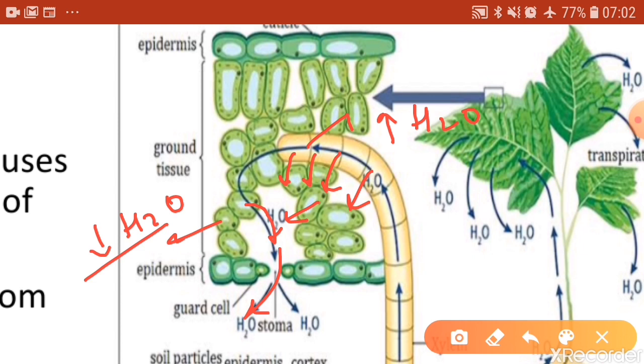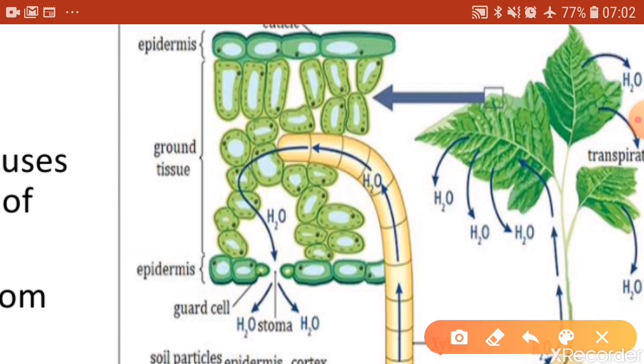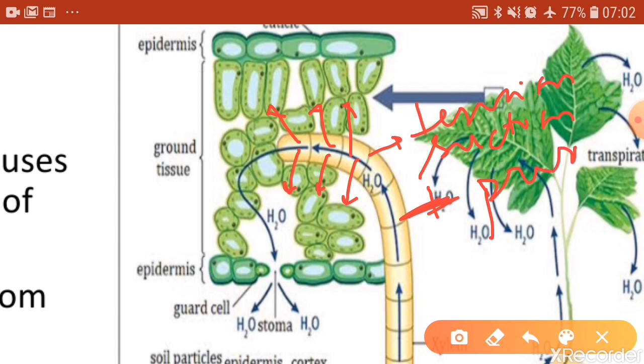As the water is taken into the mesophyll cells from the xylem vessels, the loss of water from the xylem vessels creates a tension, or a suction, or a negative pressure. This negative pressure is because of the loss of water that occurs through the xylem vessels present in the leaves.